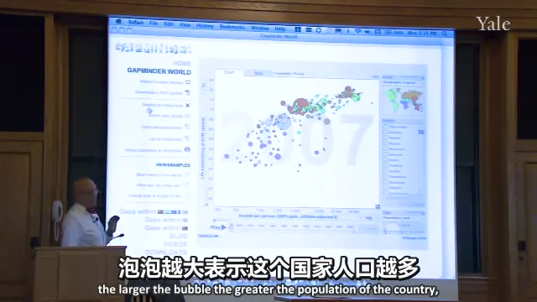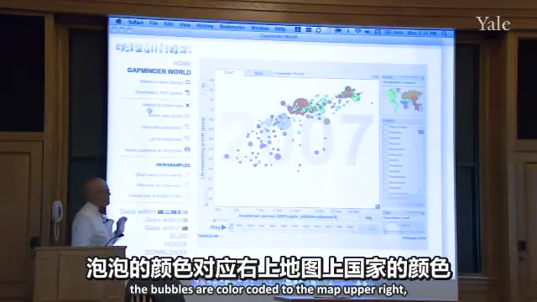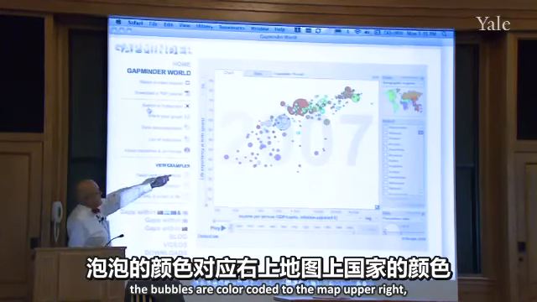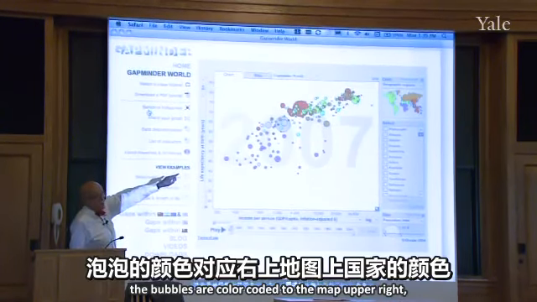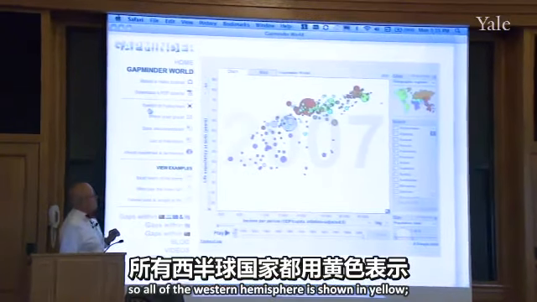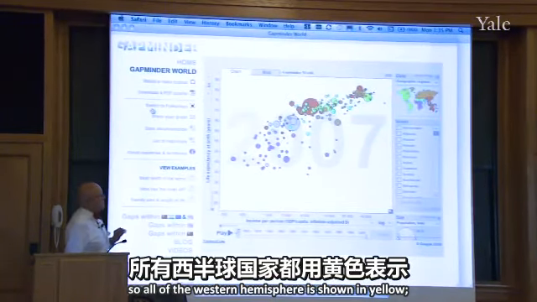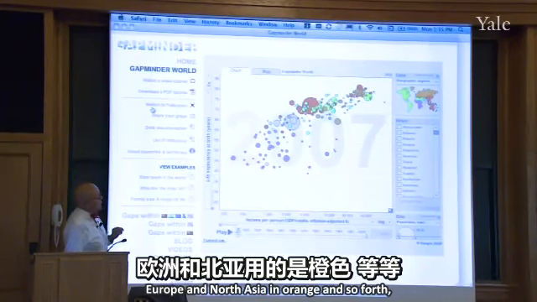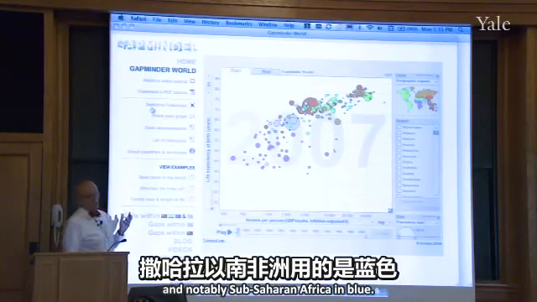The larger the bubble, the greater the population of the country. The bubbles are color-coded to the map upper right. So all of the Western Hemisphere is shown in yellow, Europe and North Asia in orange, and so forth. And notably, Sub-Saharan Africa in blue.